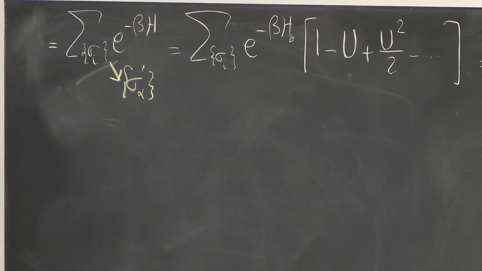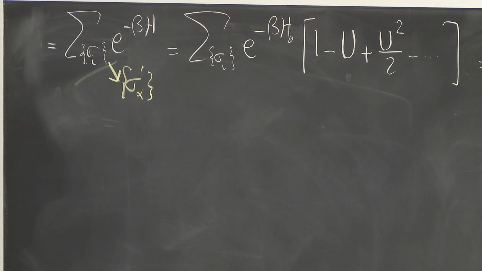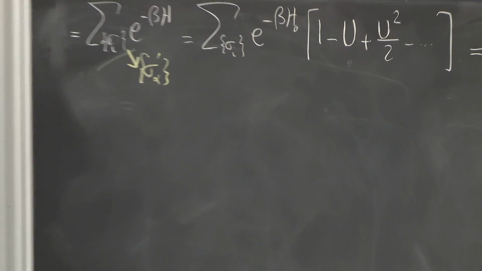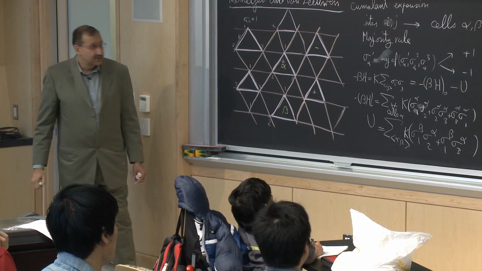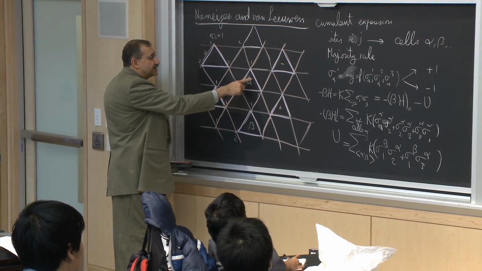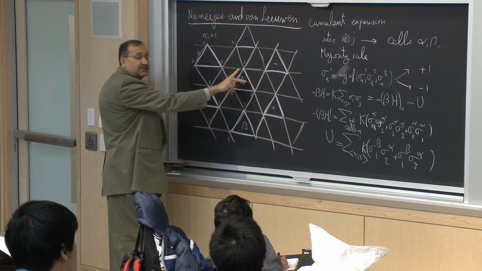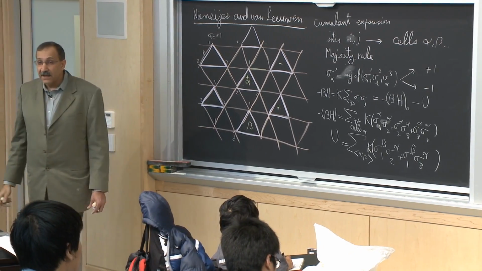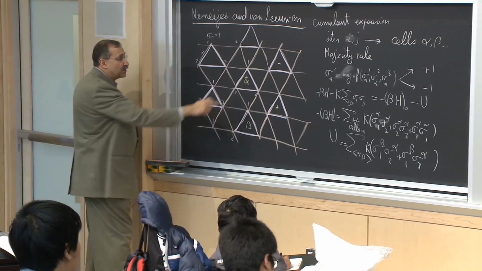So basically, let's say I pick a configuration in which this cell spin is plus, this cell spin is minus, whatever, some configuration of cell spins. Now, depending on this cell spin being plus, there are 4 configurations of the side spins that would correspond to this being plus.